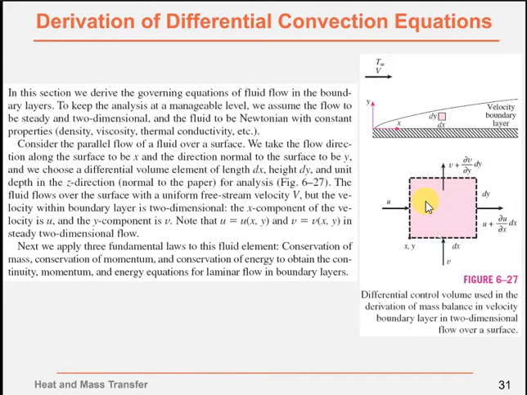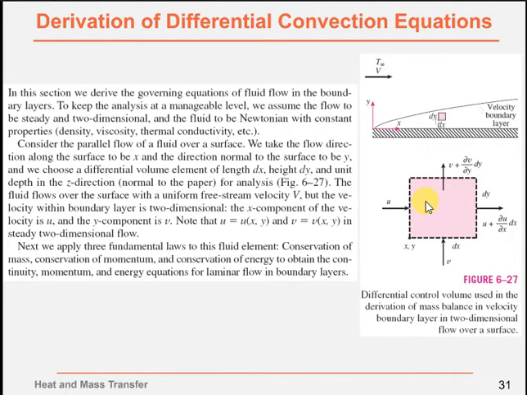Look at this figure. This is a control volume, and this control volume comes from here. Here is a very small control volume. This is a plate, and the fluid flows along the plate, and there is the velocity boundary layer.